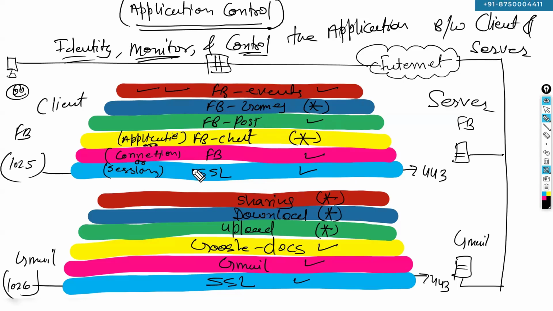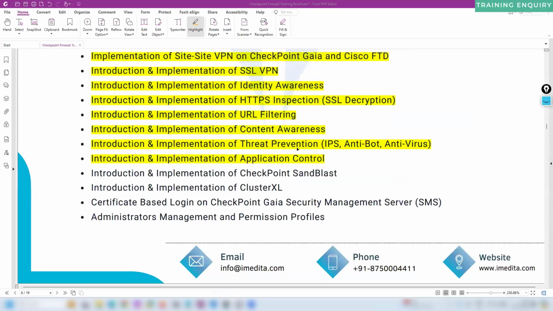But remember, when these applications work under an SSL tunnel, to see what is going on under the SSL tunnel, if you want application control to work perfectly, before deploying it we have to enable HTTPS inspection.